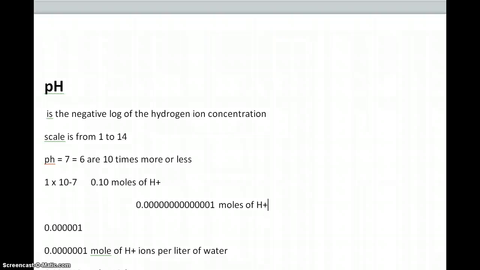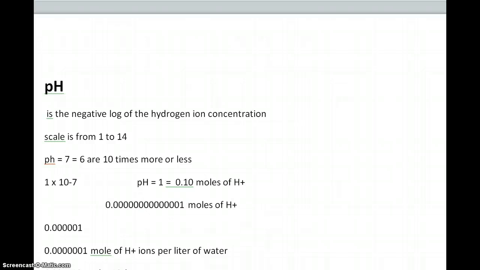So you can see that between these two numbers, pH of 1 and pH of 14, there is a huge difference.